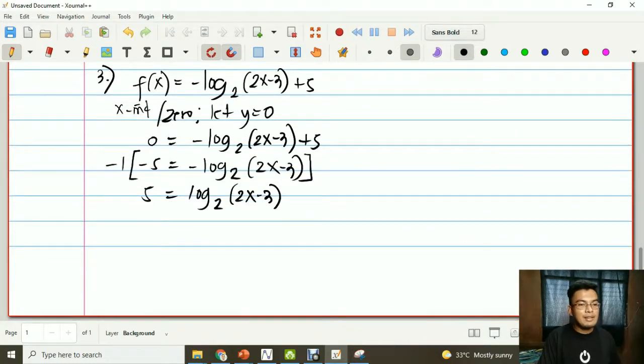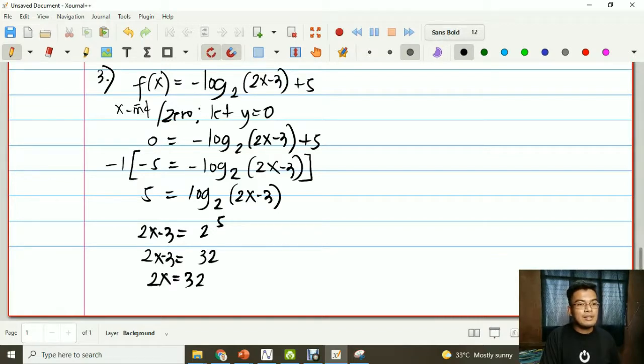Simplifying this, we transform this to its equivalent exponential form. This will be 2x minus 3 is equal to 2 raised to 5. 2 raised to 5 is 2 times 2 times 2 times 2 times 2, or this is 32. So we transpose negative 3.